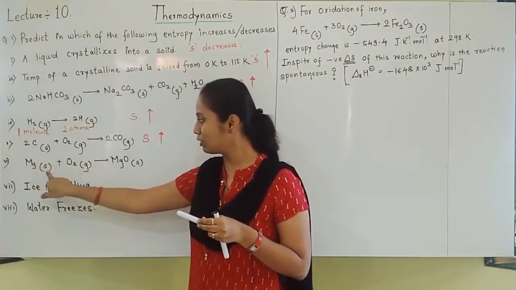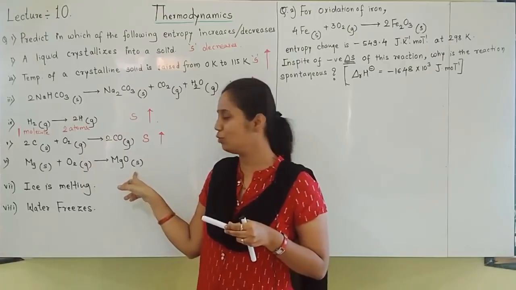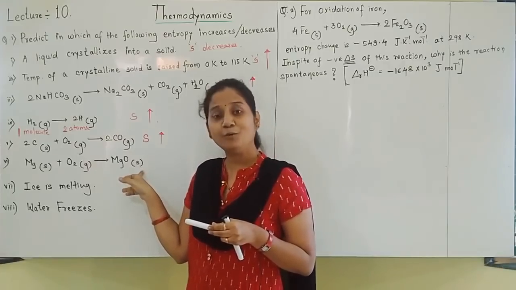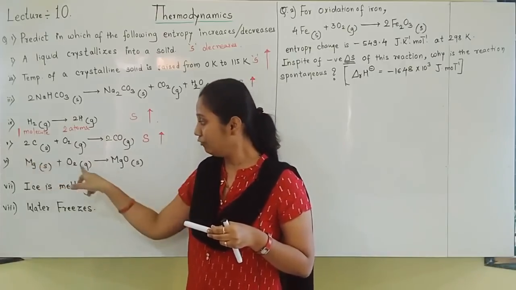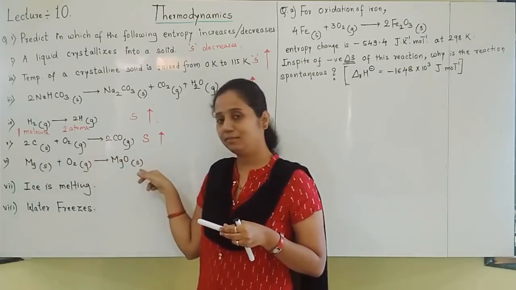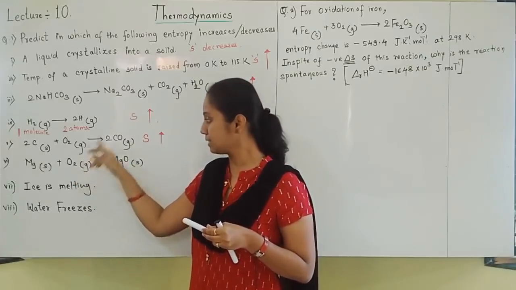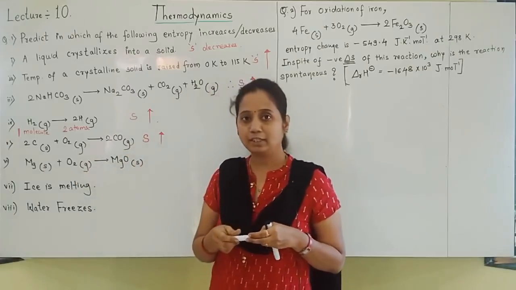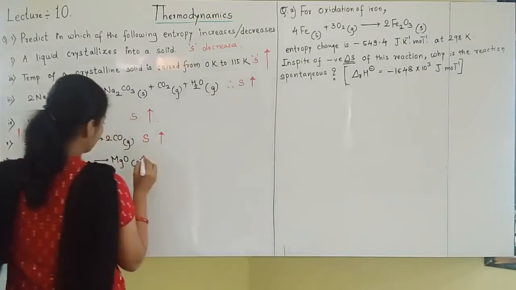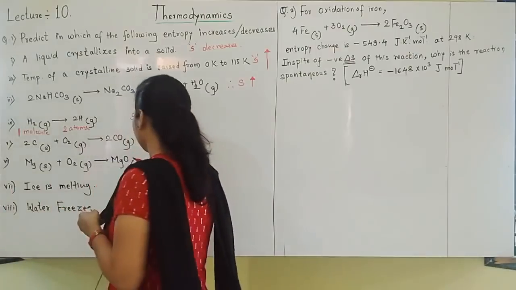Next, magnesium is solid, oxygen is gas, but all products are solid only. MgO is solid. One of the reactants was at least gas, but all products are solid. Your conclusion is that gas also got converted to solid. So gas to solid, we can say that entropy decreases.